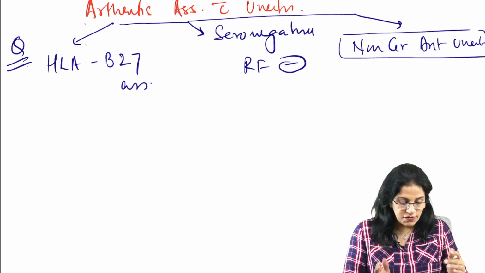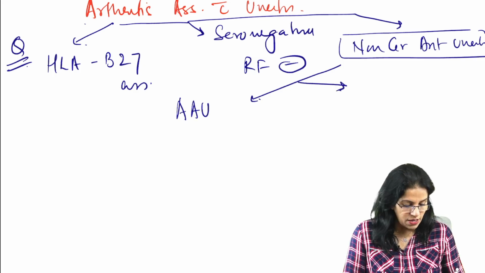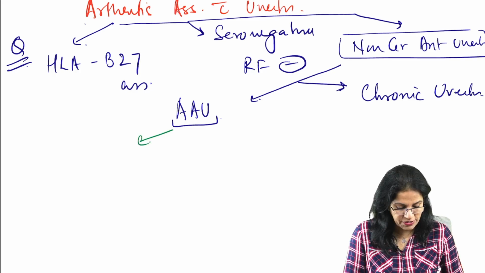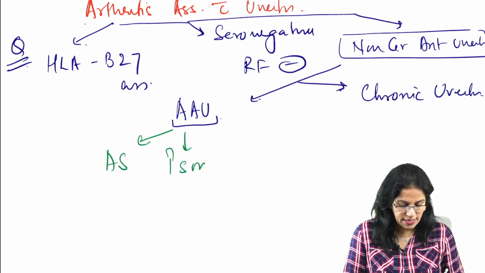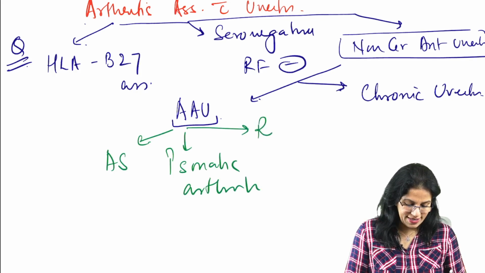Now let's learn further that this uveitis may present as acute anterior uveitis or it can present as chronic uveitis. Acute anterior uveitis is seen in three conditions like ankylosing spondylitis, psoriatic arthritis, and what is the next one? We all know Reiter's syndrome, right?